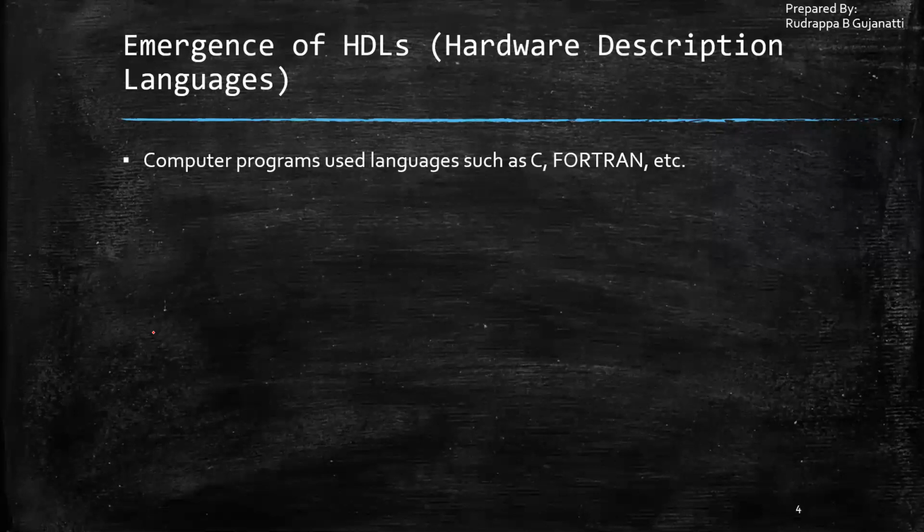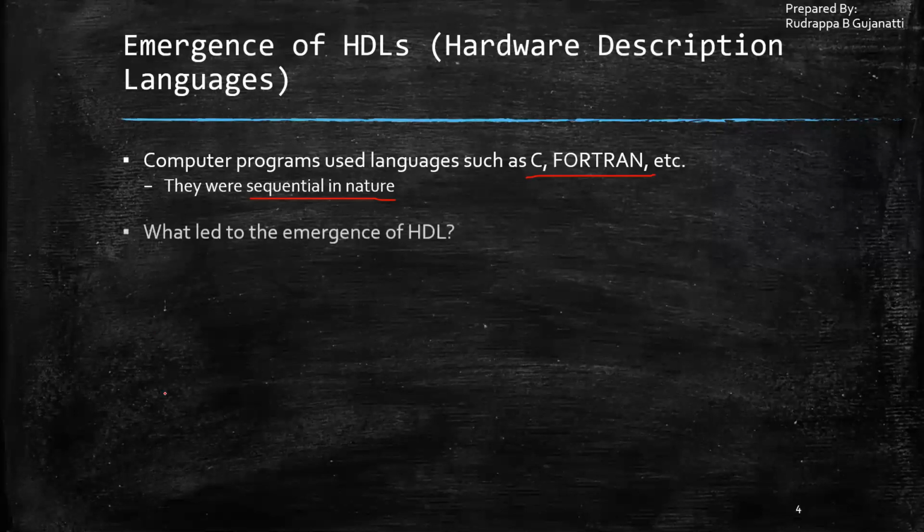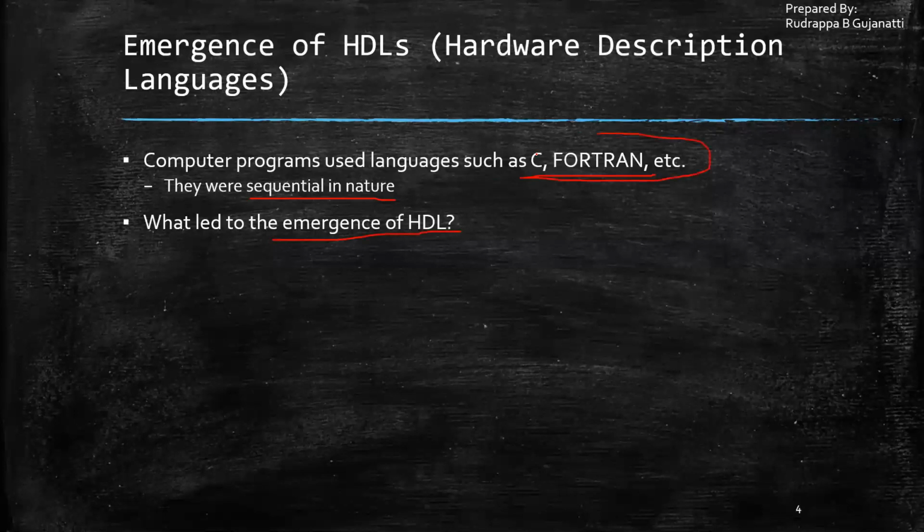Can we have a language which provides almost the same kind of features for hardware description, but with some additional tweaking? C and Fortran were sequential in nature. What led to the emergence of HDL was looking at these programs and asking whether we can build a language which helps us to have the hardware description.